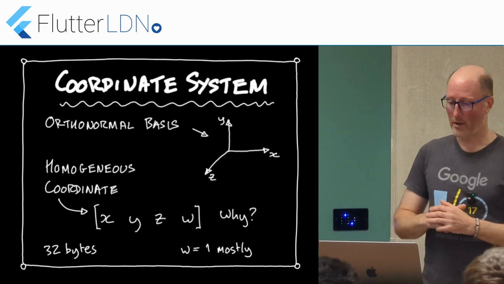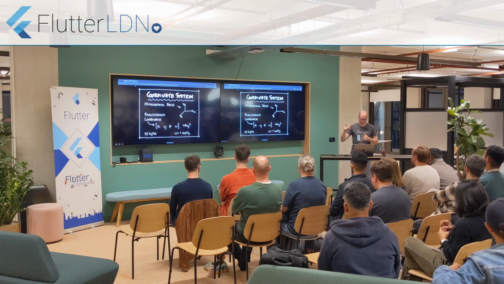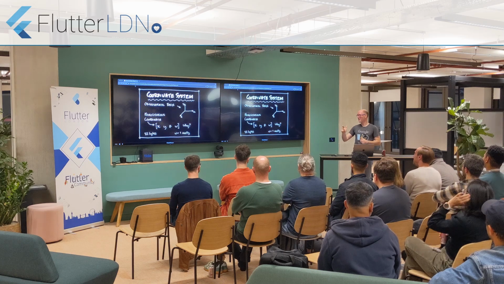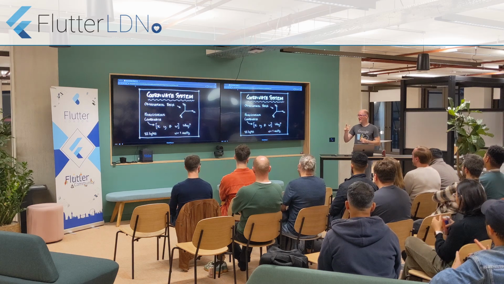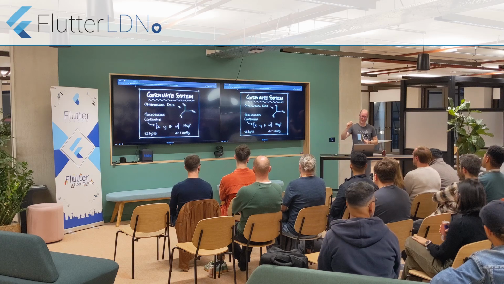Okay, back to our world coordinate system. Remember, we were saying it's right-handed. We know that we need X, Y, and Z coordinates for the same point in space, but there's also a fourth coordinate, W, which tells us how to make the maths work.